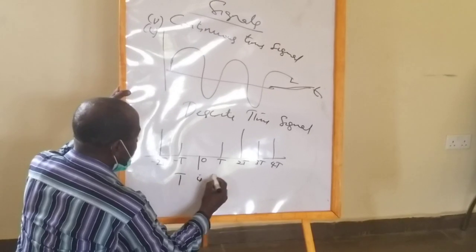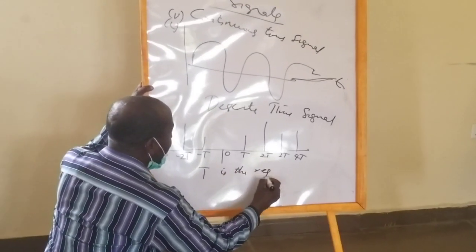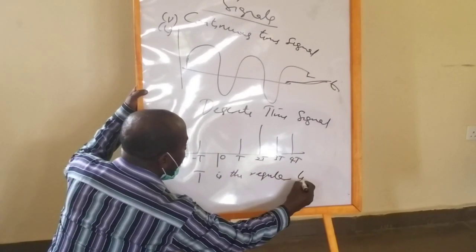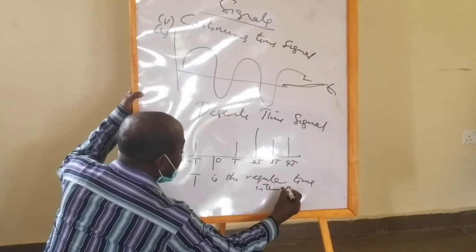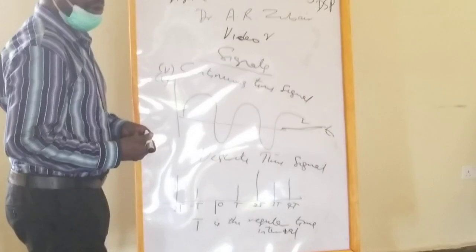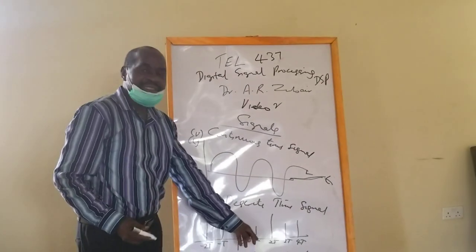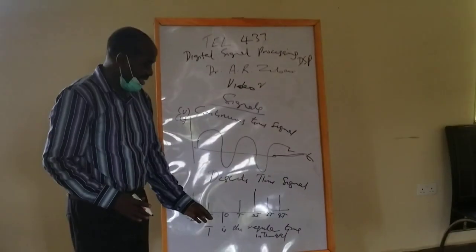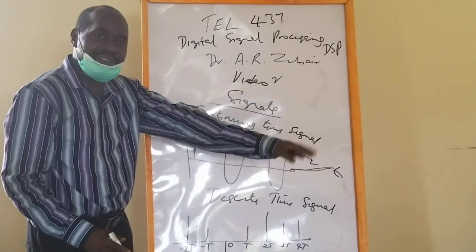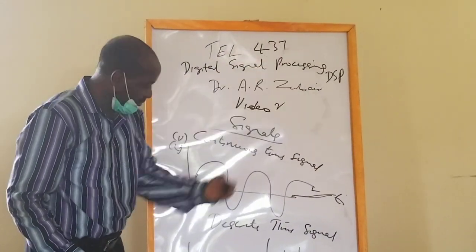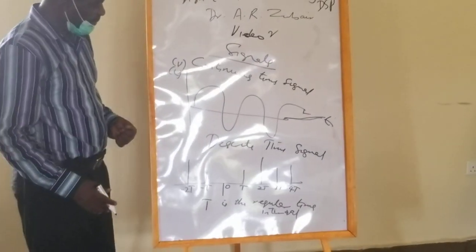T is the regular time interval. So between 0 and T, no value for the signal. At 0 we have value, at T we have value, at 2T, 3T, 4T, 5T, and so on and so forth. And this side too.